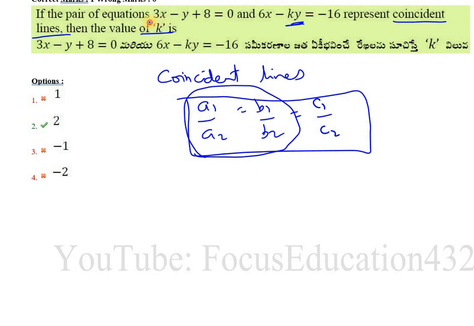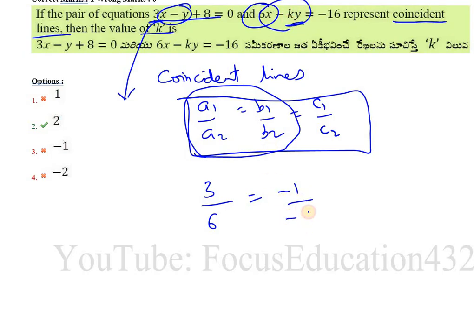So for the first one, what is A1? See here. What is A1? 3 by A2, what is it? 6, equal to B1 minus 1, second equation, and B2, second equation, minus K, right?